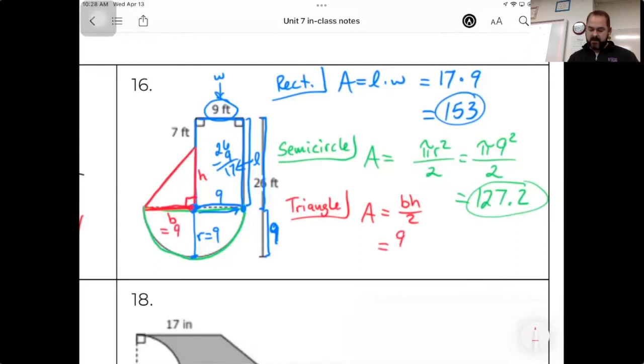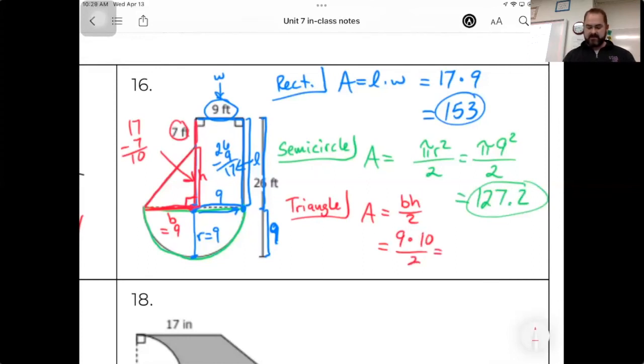So I'm going to do 9 times the height. The height is not 9. I've got to find the height. To find that height, that is lined up with part of the rectangle. The length of that rectangle is 17. So I'm going to take 17 and subtract this little 7 amount out of that. And I get 10. So the height of your triangle is actually 10.